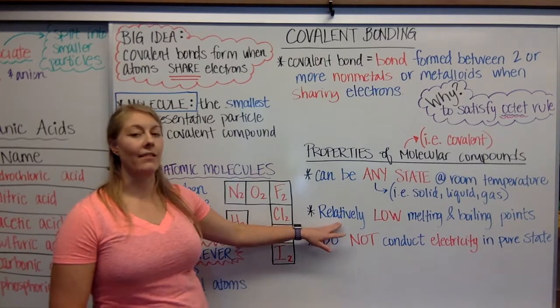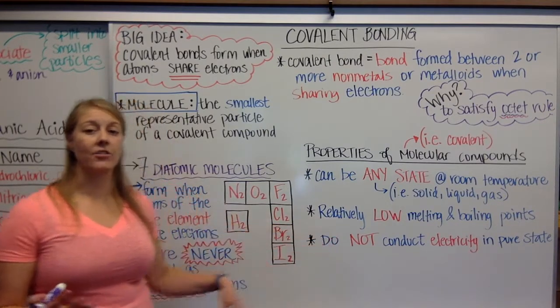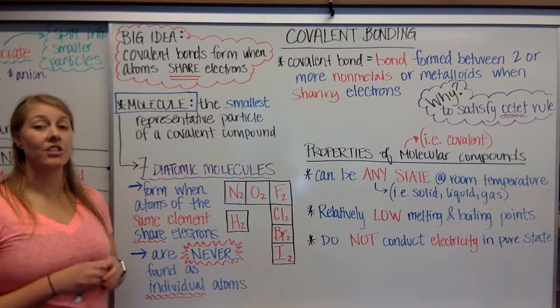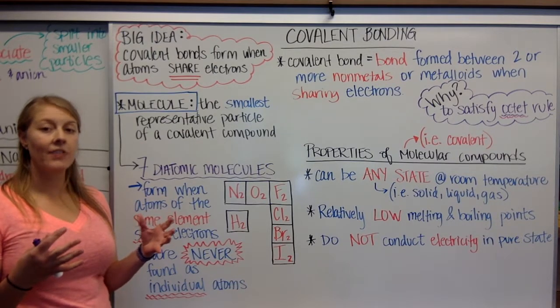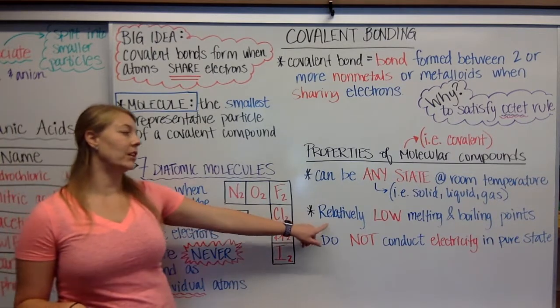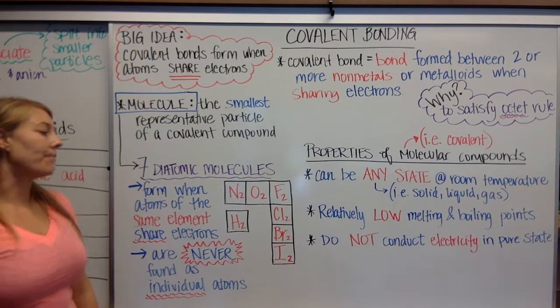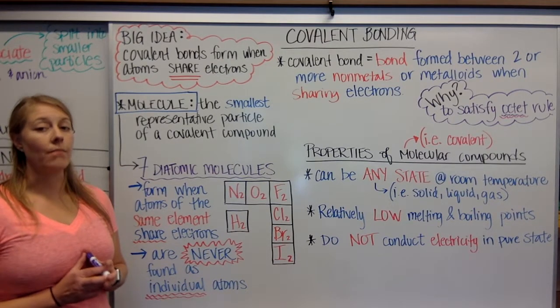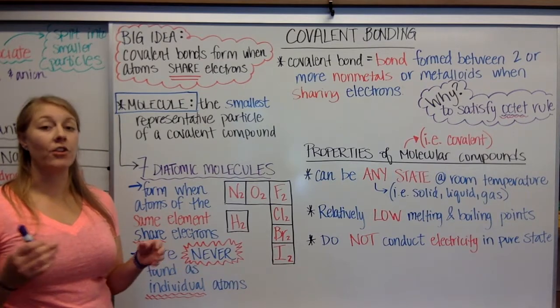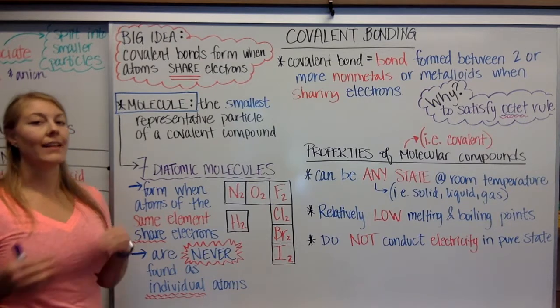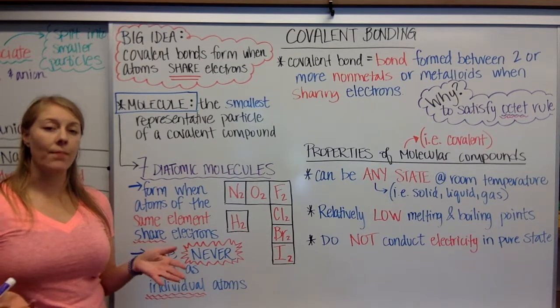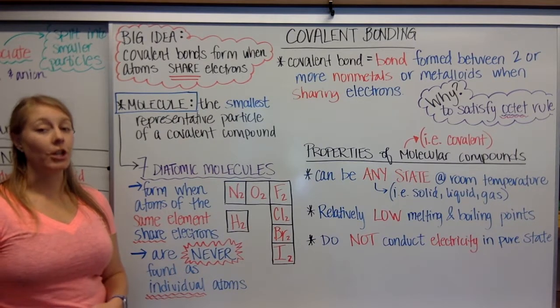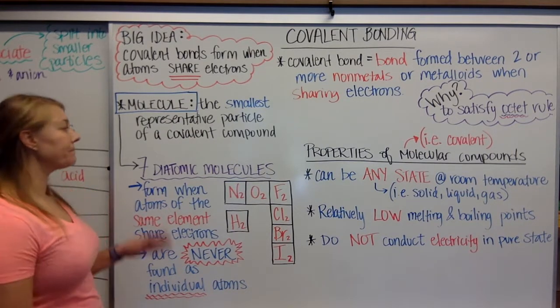Covalent or molecular compounds have less strong attraction, and so it takes less energy to break those bonds to melt or boil. So relatively low melting and boiling points. And then they don't conduct electricity in their pure state. When dissolved in water even, they're not going to break up into ions like ionic compounds. And because they won't break up into ions, they're not really good electricity conductors.